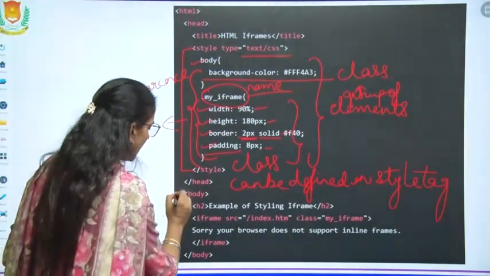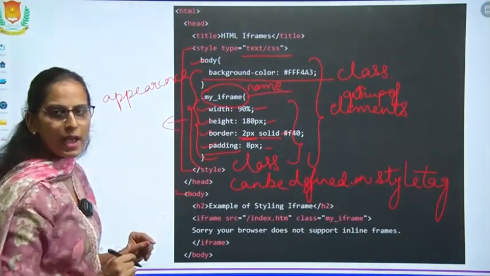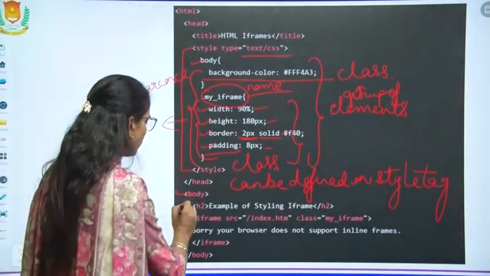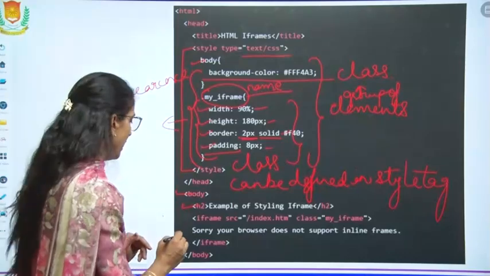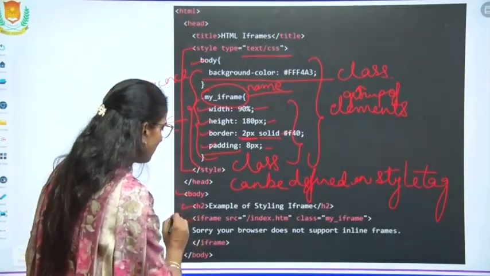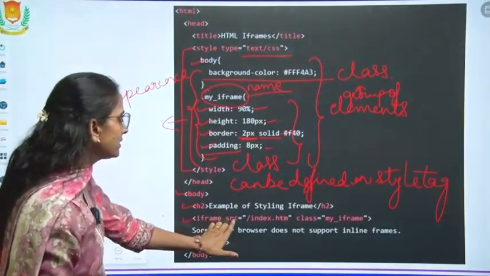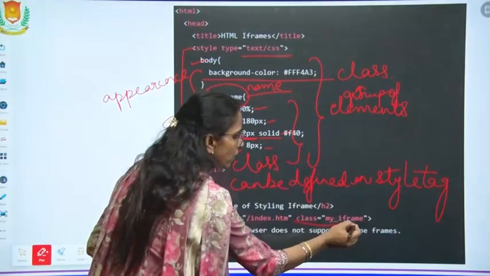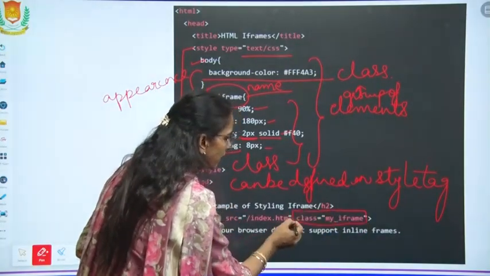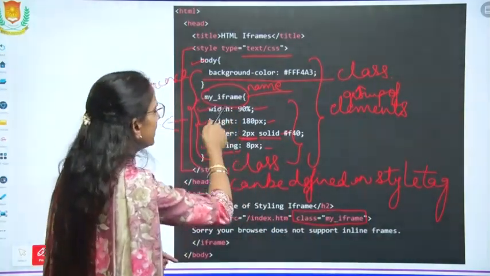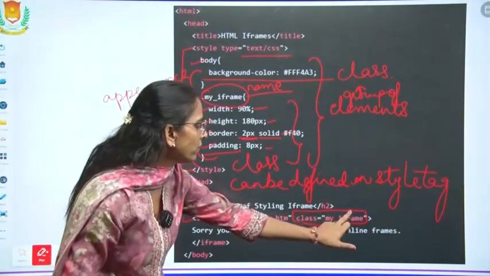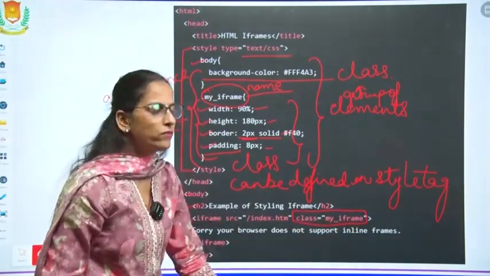Now we come to the body tag. In the body tag, you first of all give the heading and then this iframe SRC, and then here we have called this class which we created above, my underscore iframe.